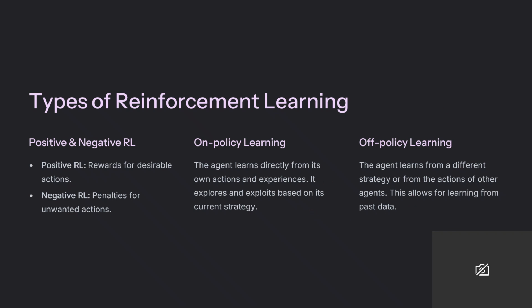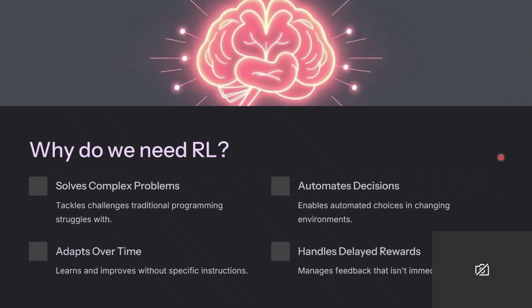Then next we are going to learn why we need reinforcement learning. Now you might be thinking, why do we need reinforcement learning, right? Well, here is why we need to learn it. First, reinforcement learning is great for solving complex problems.